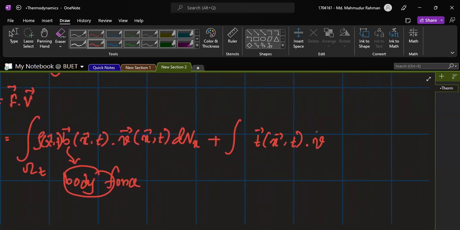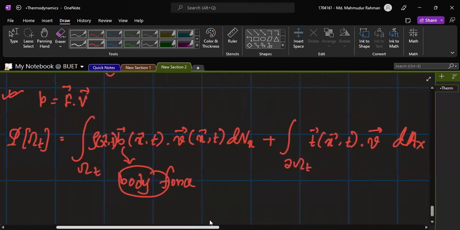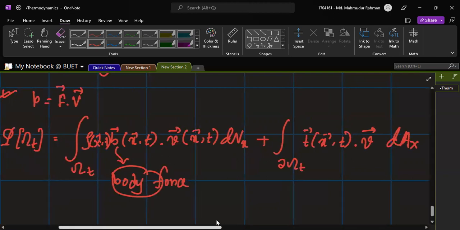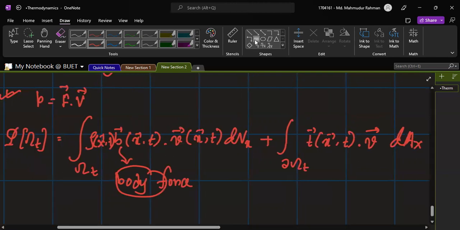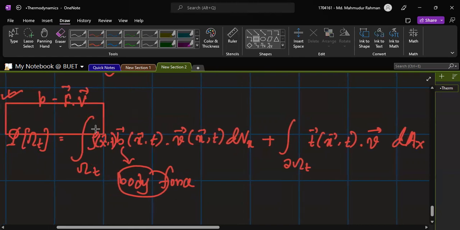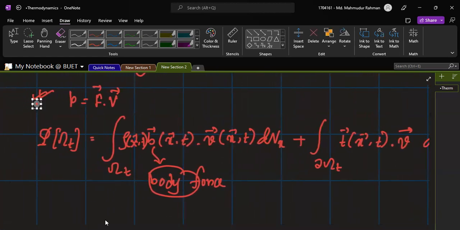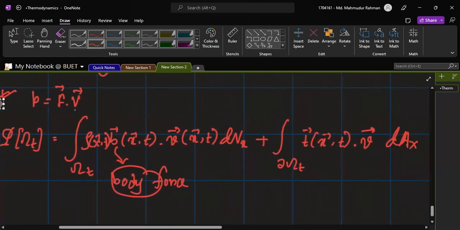We have to multiply it by V to get the power, and as it is a continuous body, we have to integrate it over the entire bounding surface. This is our final expression for power, our continuous integral representation of power for a continuum body. Let's put a box around it.